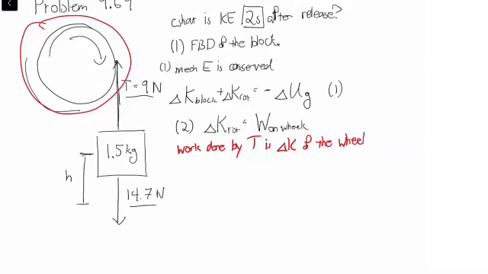From that we can figure out how far the block dropped and compare that to the work done by the tension. The force of gravity on the block is constant, and the force of tension is constant.